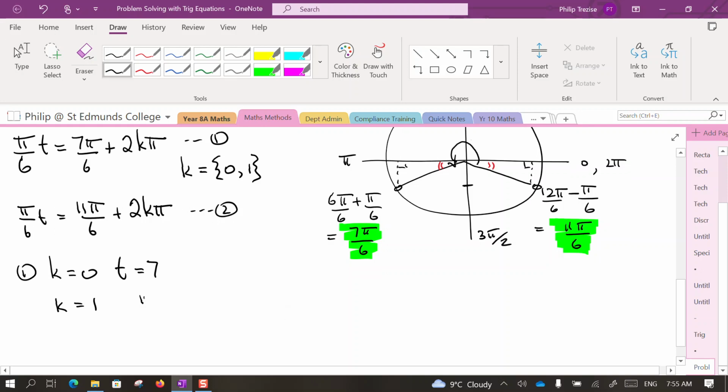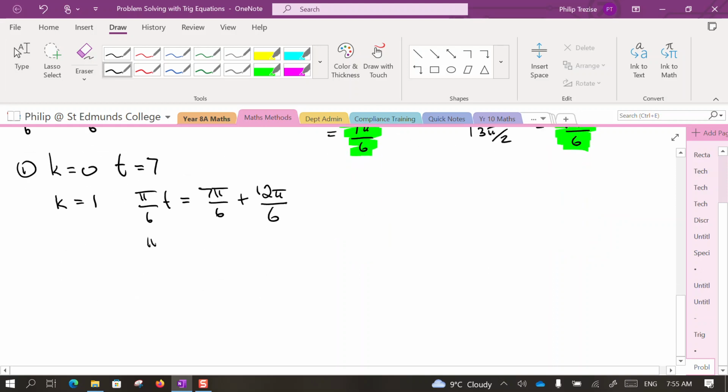So I would have that pi over 6 times t equals 7 pi over 6 plus 2 pi. To add these, I would have to make that 12 pi over 6, and then I have pi over 6 times t is 19 pi over 6.